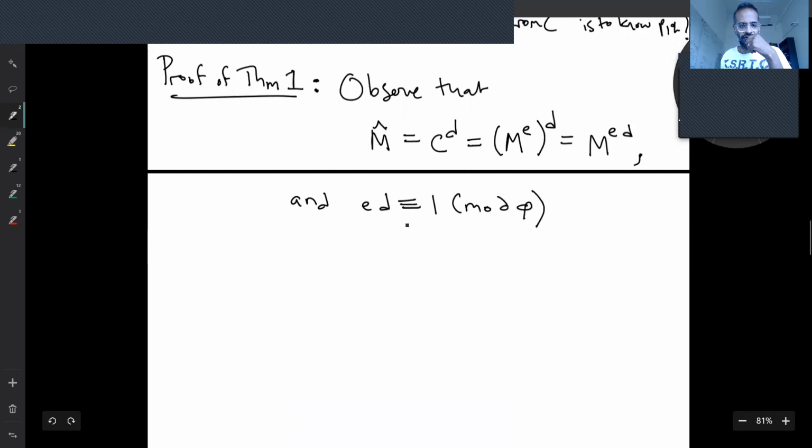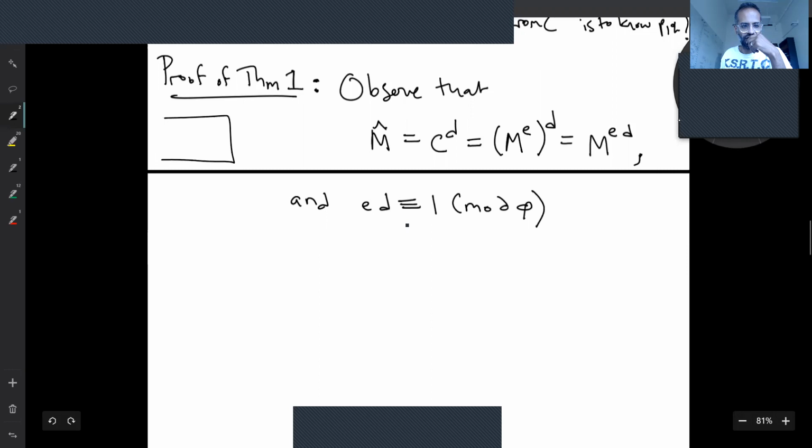And phi here, by the way, let me remind you, in this box, phi is p minus 1 times q minus 1. And what does that really mean? That means that e times d is equal to k times phi plus 1 for some integer k, right?